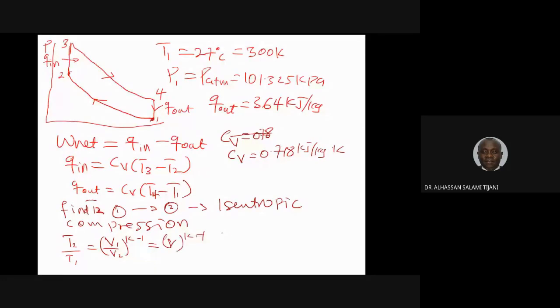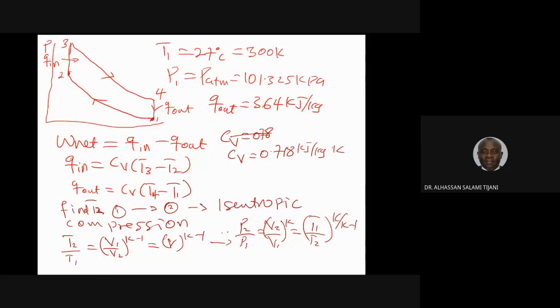Okay, be careful. This is coming from the general equation: P2 divided by P1 equals V1 divided by V2 raised to the power K, equals T2 divided by T1 raised to the power K divided by K minus 1.